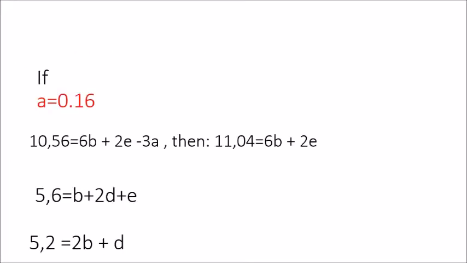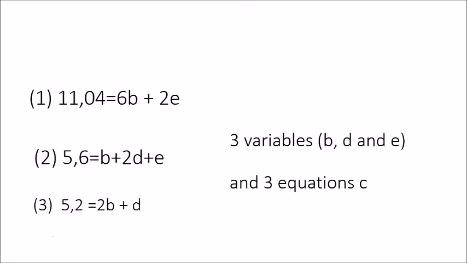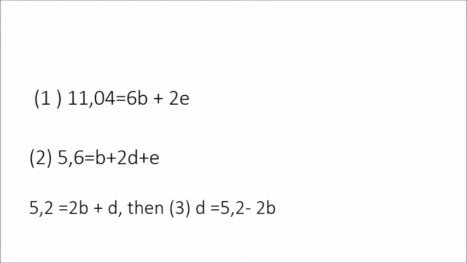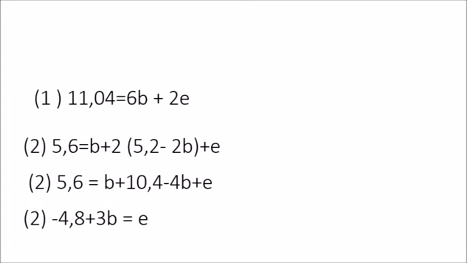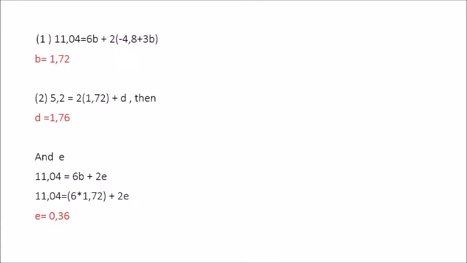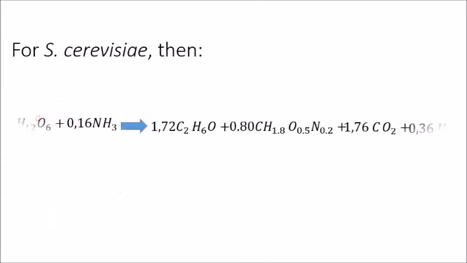We have 3 variables B, D, and E, and 3 equations. The steps are presented in the next slides. The results are the coefficients for ammonia, ethanol, carbon dioxide, and water.